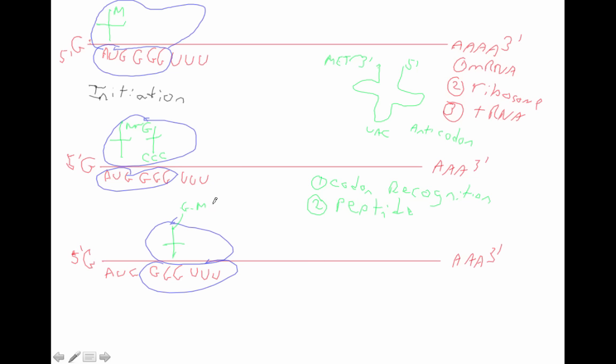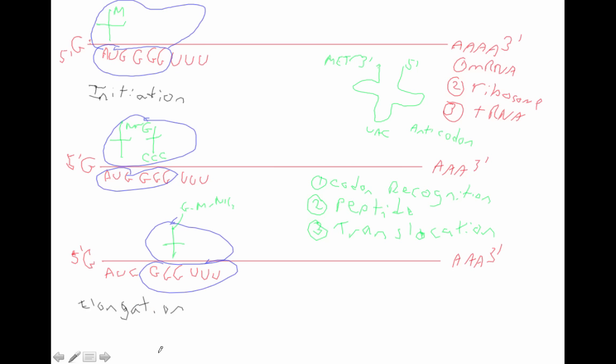It's the growing peptide chain. And you know what? We should go ahead and just indicate that this is the N-terminus. The first thing that pops off here is the N-terminus. So at the N-terminal end, we have a methionine and glycine. And with this translocation, I should have written translocation here. So with the completion of translocation, we've completed our first round of elongation. And so this is elongation.